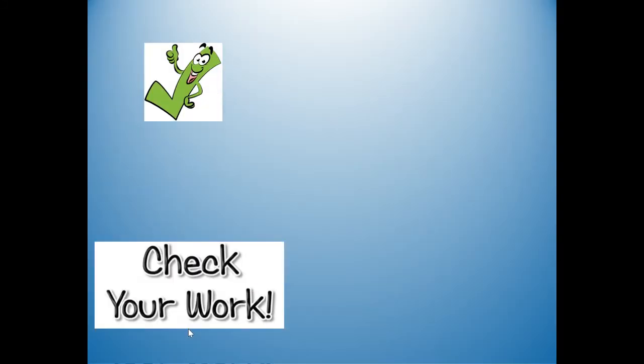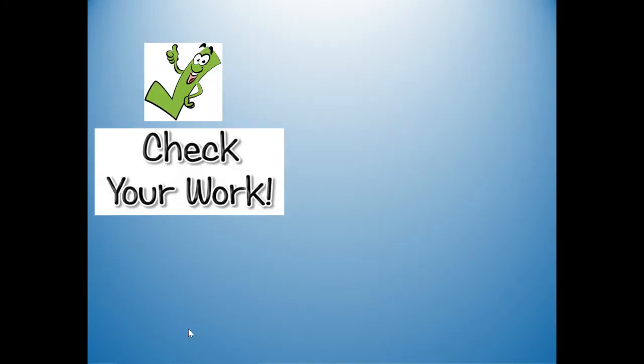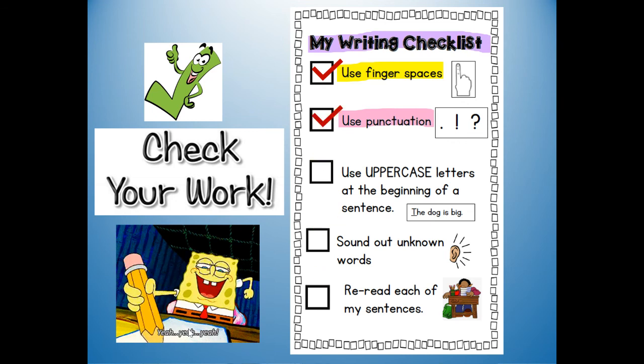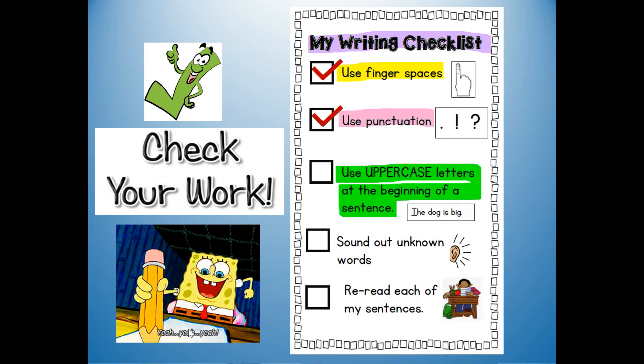All right, so I want you to check your work with your writing checklist. Did you use finger spaces between each of your words? Did you use punctuation, like a period at the end of each of your sentences? Did you use uppercase or capital letters at the beginning of each of your sentences?